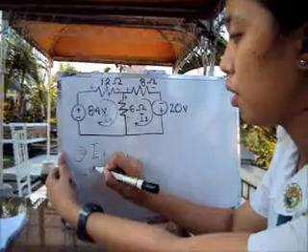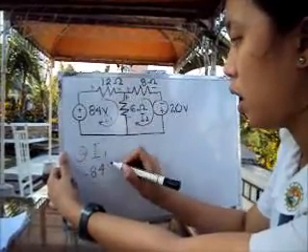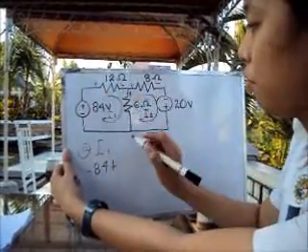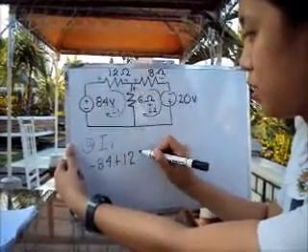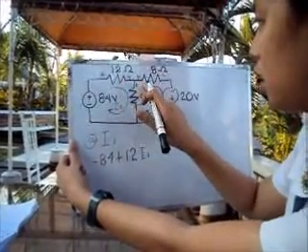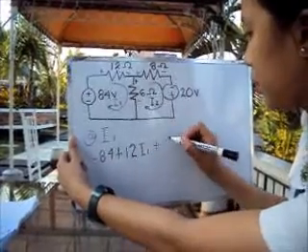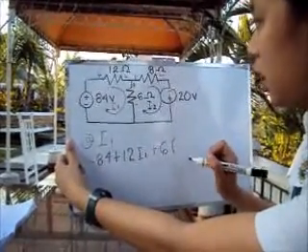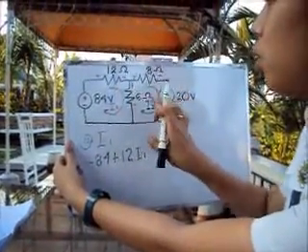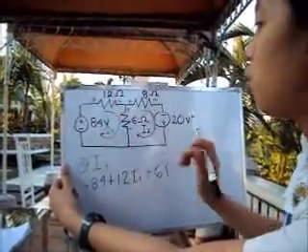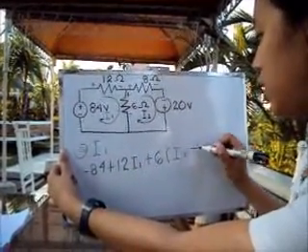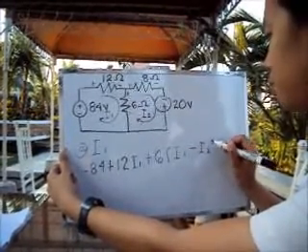So this will be negative 84 plus, because it is positive, 12 times I1. Then again plus 6 times, this will not be I1 because there are 2, but because it is between 2 meshes, it will be the first mesh I1 minus the second mesh, which is I2.